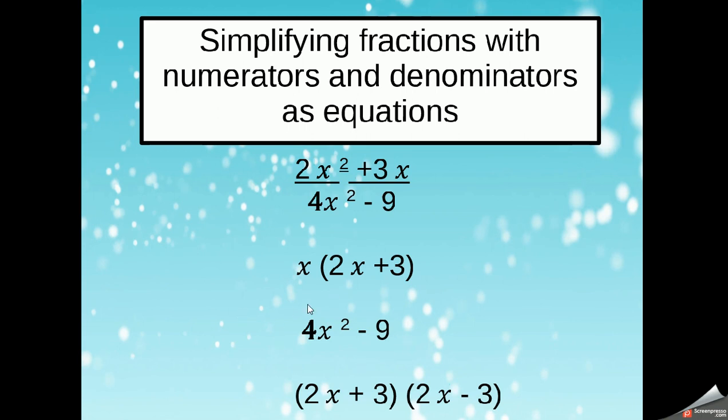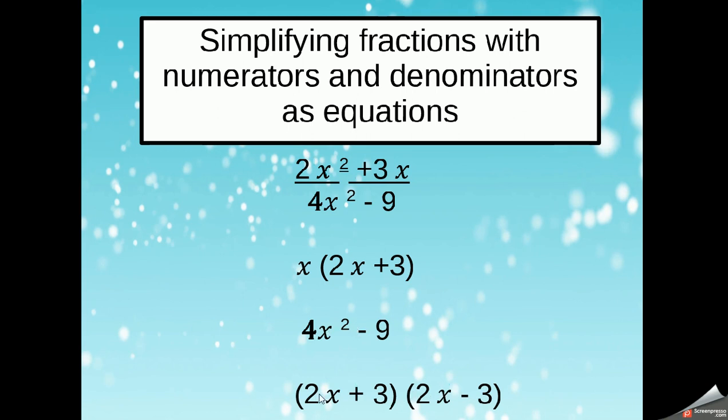Next, we're going to look at the denominator. Now, using one of the techniques I showed you, because both these numbers are square numbers, and there's a minus 9, and we've got no x's, only x squareds, we can do a simple trick of putting 3's at the end, one positive, one negative, because 3 times 3 is 9, and then a 2x and a 2x at the start, because 2x times 2x is 4x squared.